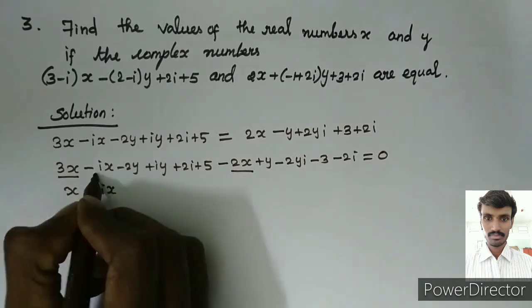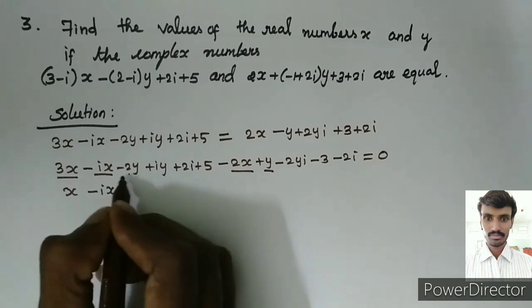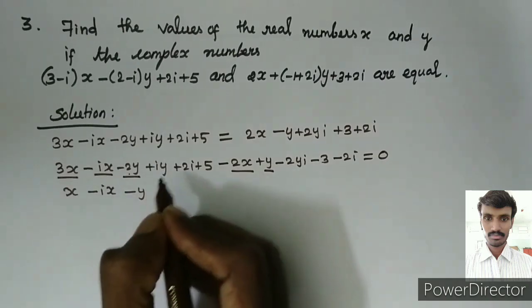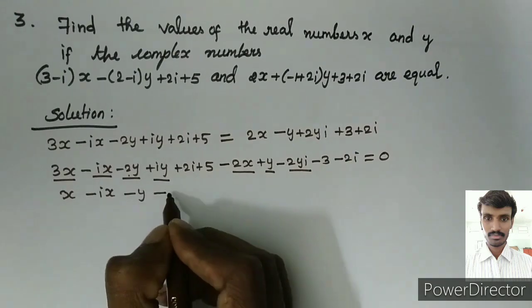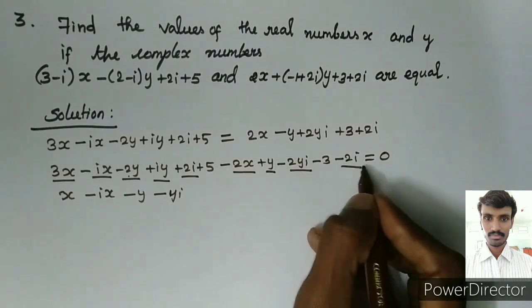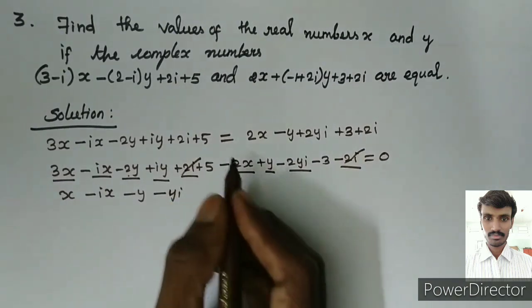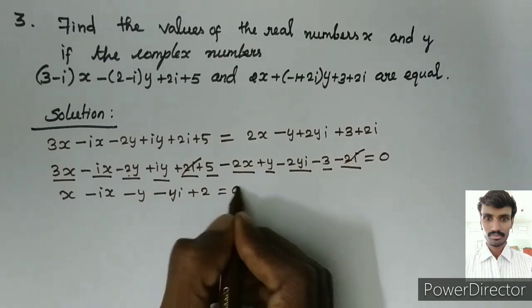Next, minus ix is a single unique term. Next, minus 2y plus y is minus y, plus iy minus 2iy is minus iy. Minus 2i plus 2i is cancelled. 5 minus 3 is plus 2, equal to 0.